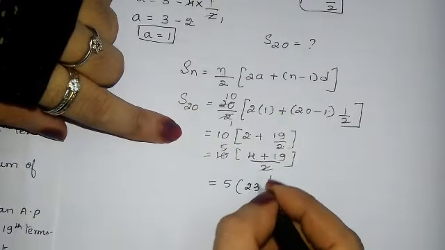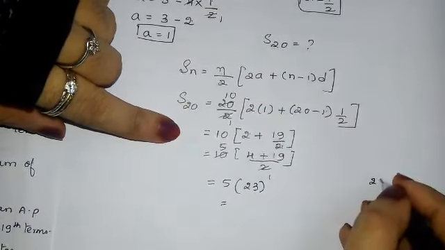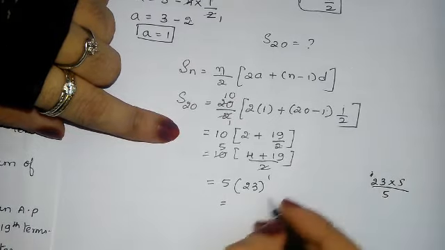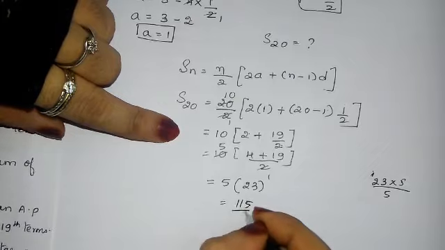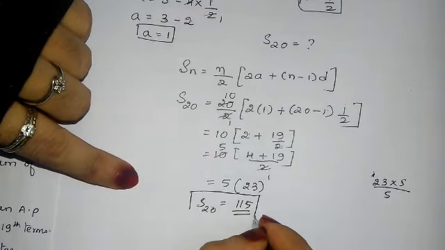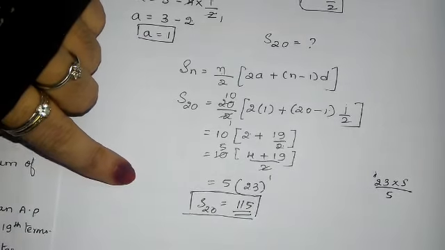So 23 into 5. 5 3s are 15, 5 2s are 10, 11. 115. So yes, the sum of the first 20 terms is 115.